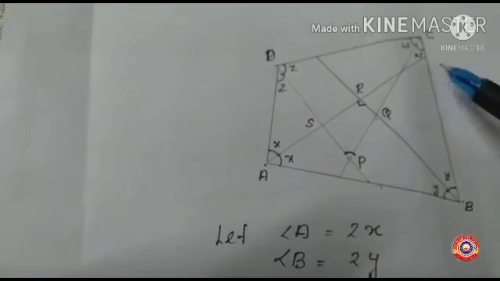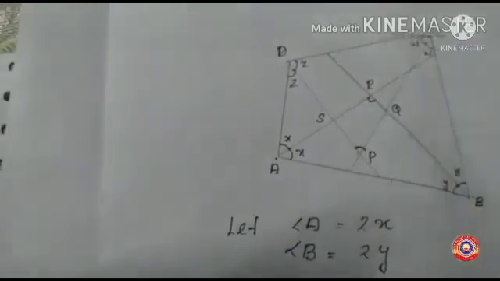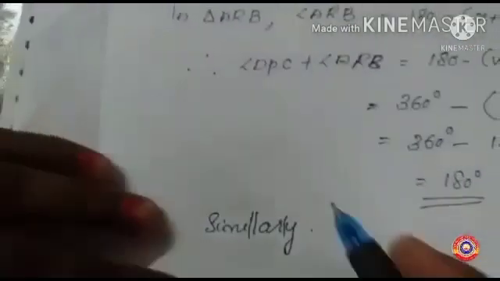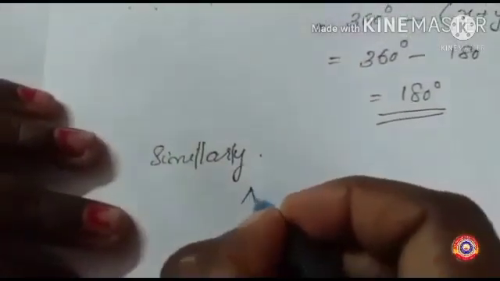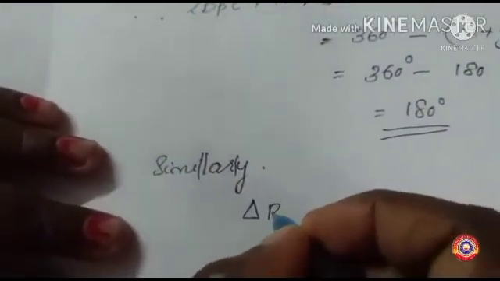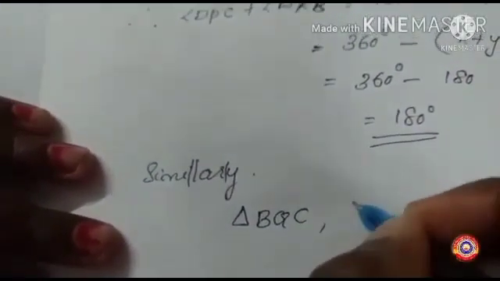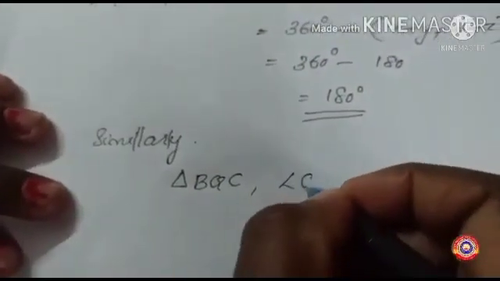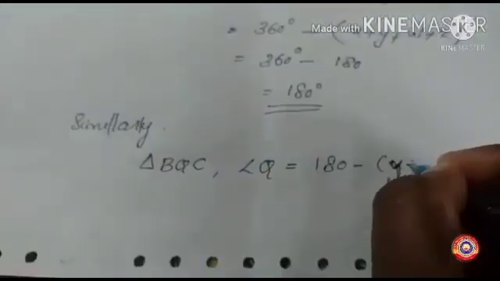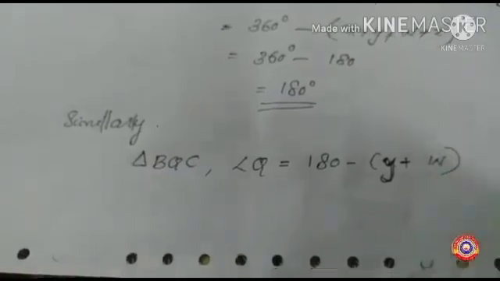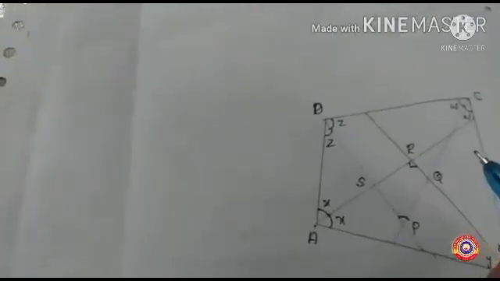Similarly, in triangle BQC, we have to find angle Q. In triangle BQC, angle Q is equal to 180 minus (y plus w).